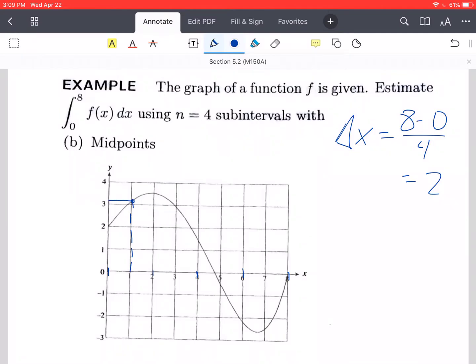And then use those to determine the heights of the rectangles. And then at 3 here. And then right there. And then 7 is the midpoint of this last one. Okay.